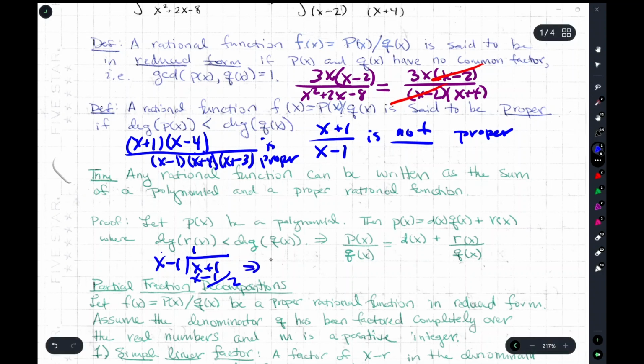And so that means x plus 1 over x minus 1 is equal to 1 plus 2 all over x minus 1. So while x plus 1 over x minus 1 was not proper, this term here is a polynomial of degree 0, just a constant, plus a proper rational function.